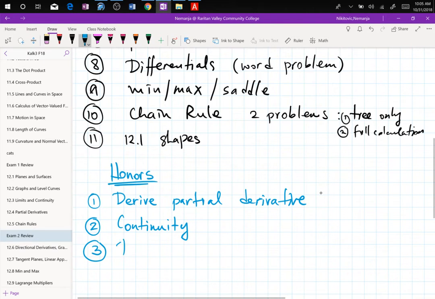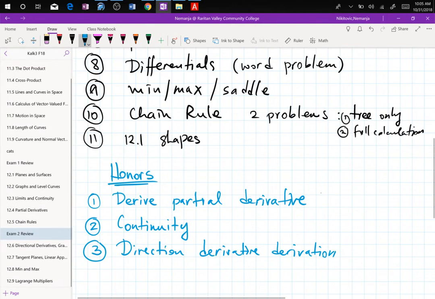Directional derivation, and the tangent plane derivation, that's it.